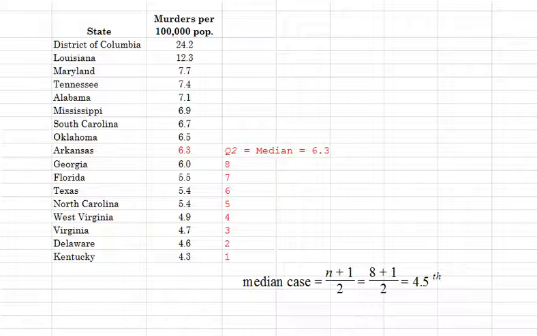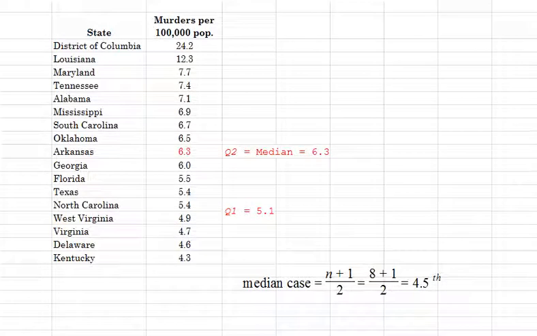So we'll find then the average between the 4th and 5th case from the bottom. Adding 5.4 to 4.9 and then dividing that sum by 2 gives us a value of 5.1. So the first quartile has a value of 5.1.